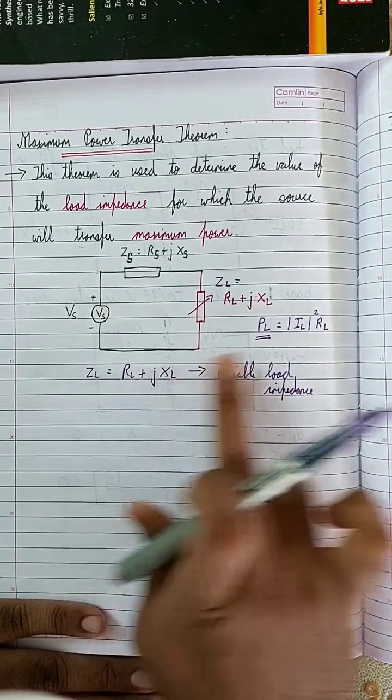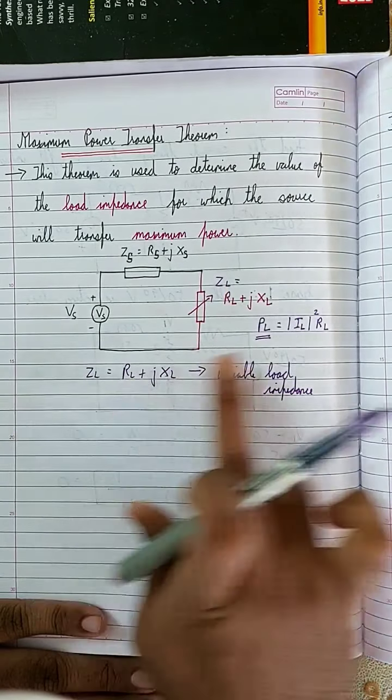Case 2 is if the load impedance has a variable resistance and a variable reactance. If the load impedance is a combination of a variable resistor and a variable reactance, that is case 2. And case 3 is when the load impedance is a variable resistor but a fixed reactance.